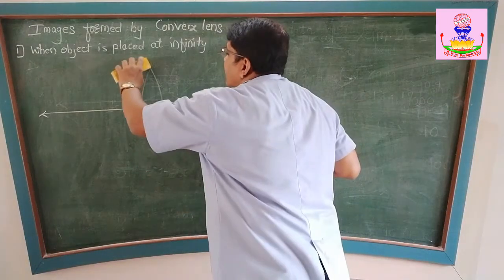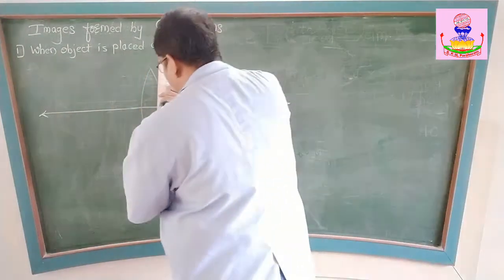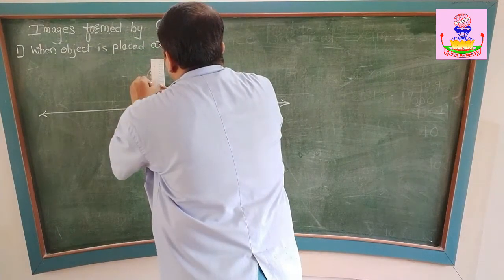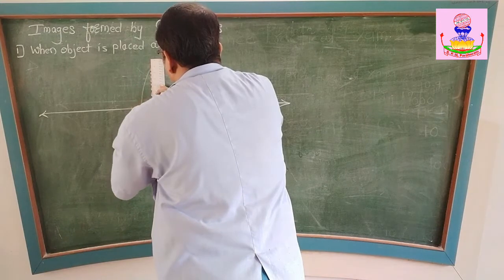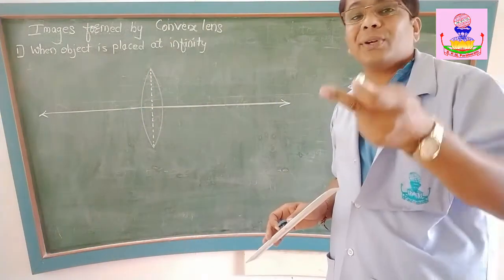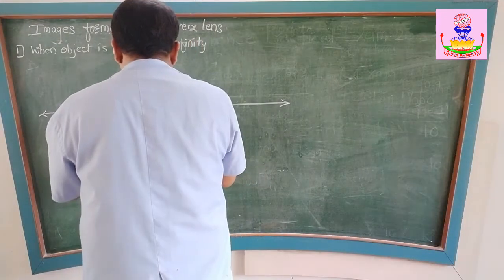Now draw the vertical axis. Don't forget to draw that. So that gives you the optical center. And from that optical center, we are going to mark the focal length and 2f1 and 2f2.